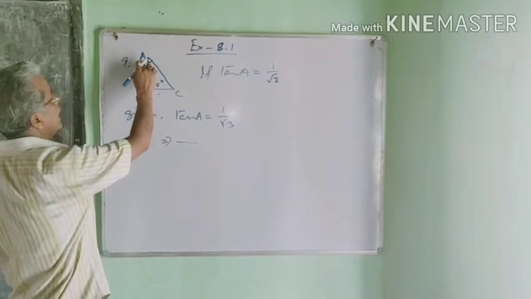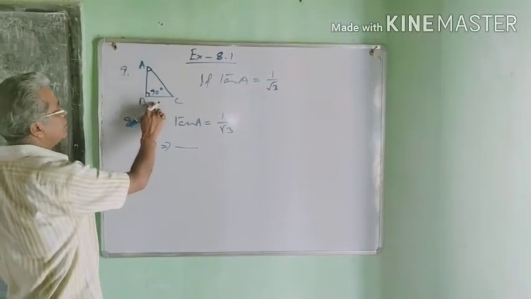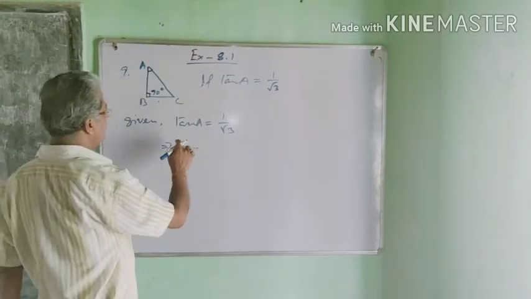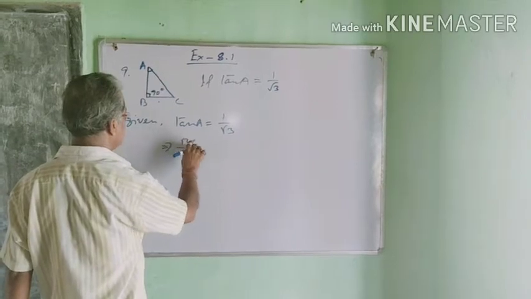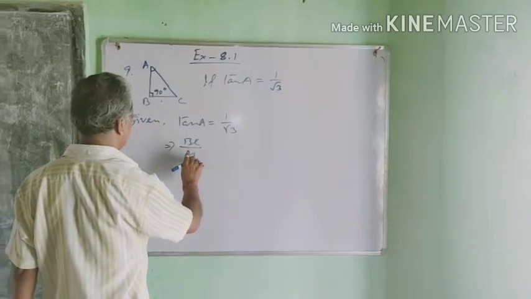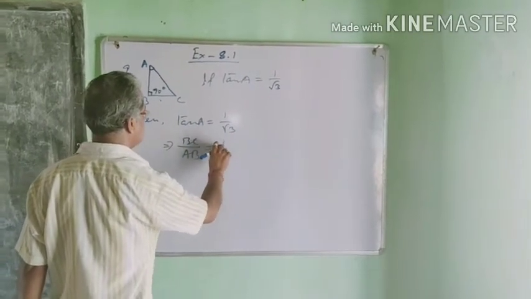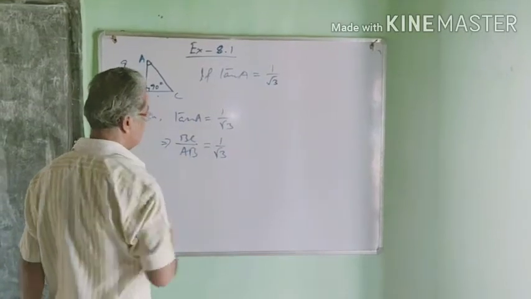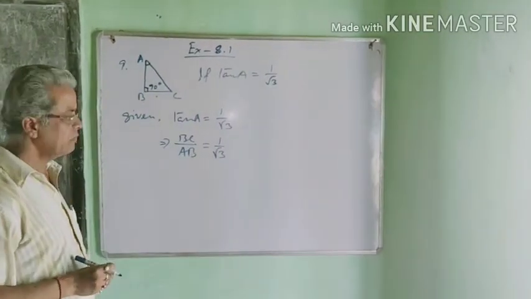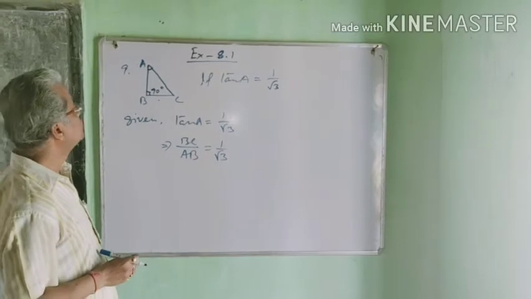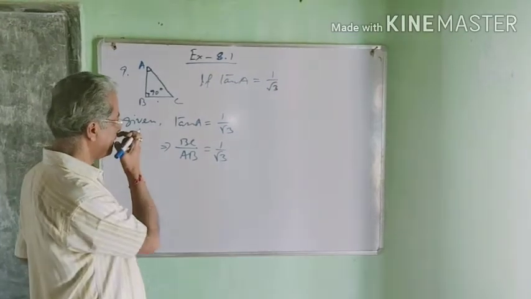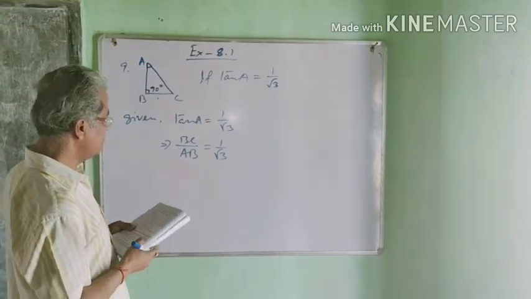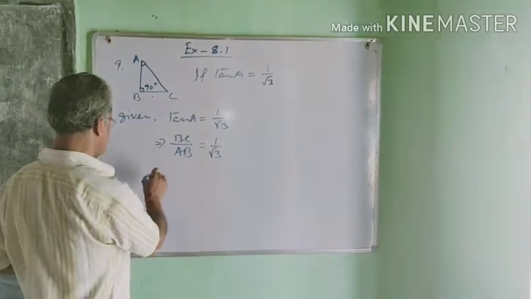Acute angle A, so AB is base and BC is perpendicular. Tan is perpendicular to base, so BC by AB. So BC by AB is root 3.